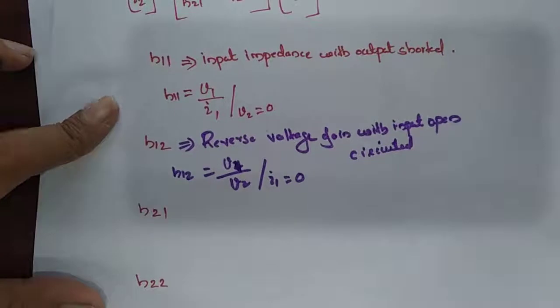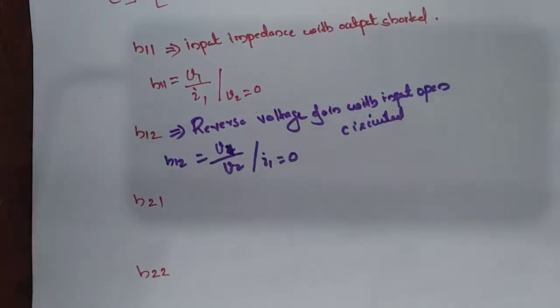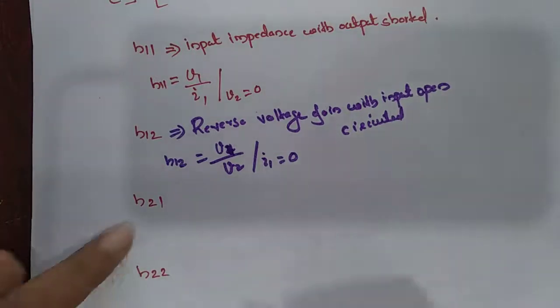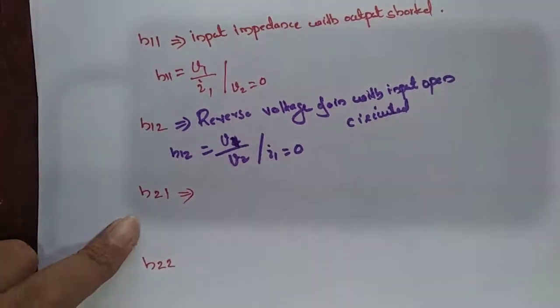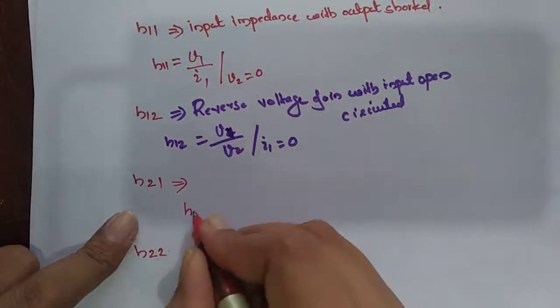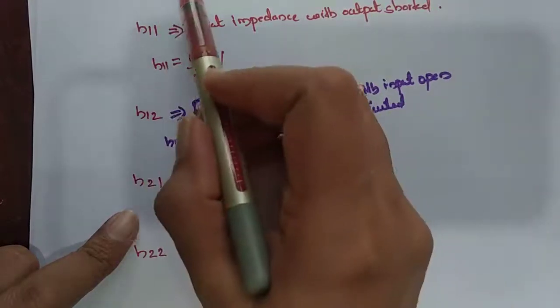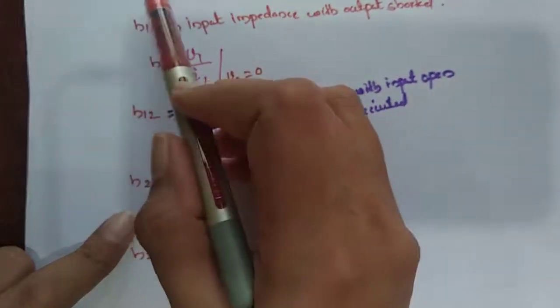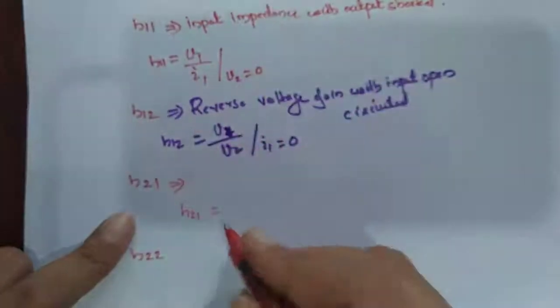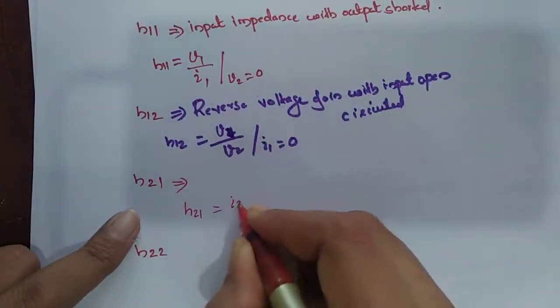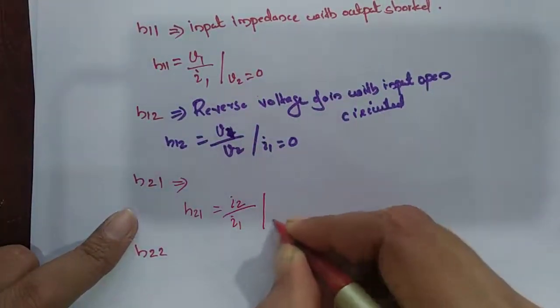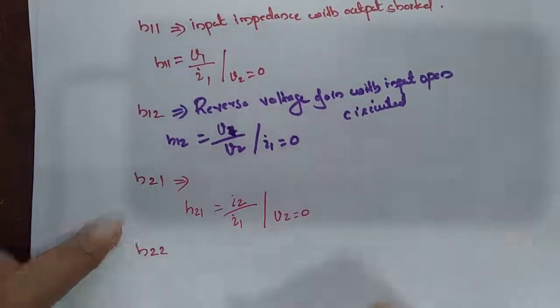And what is our H21? I2 is equal to H21 I1, or H21 is equal to I2 divided by I1 at V2 equal to 0.